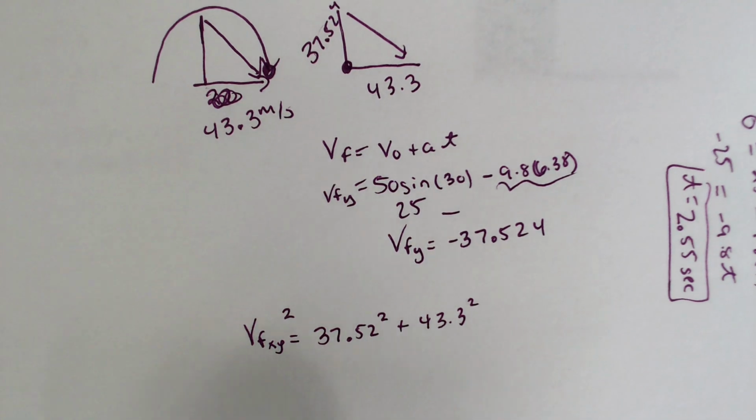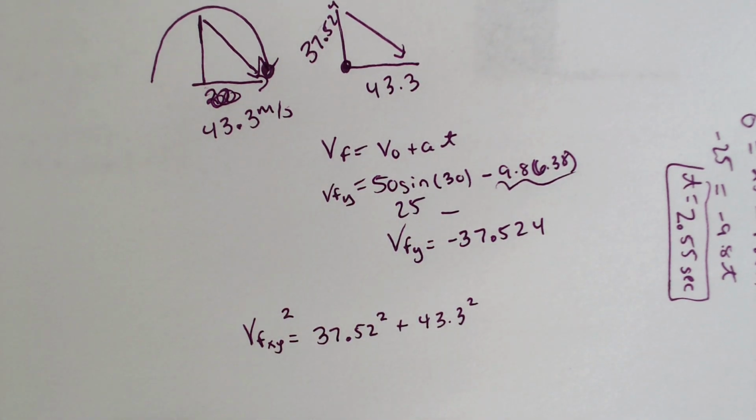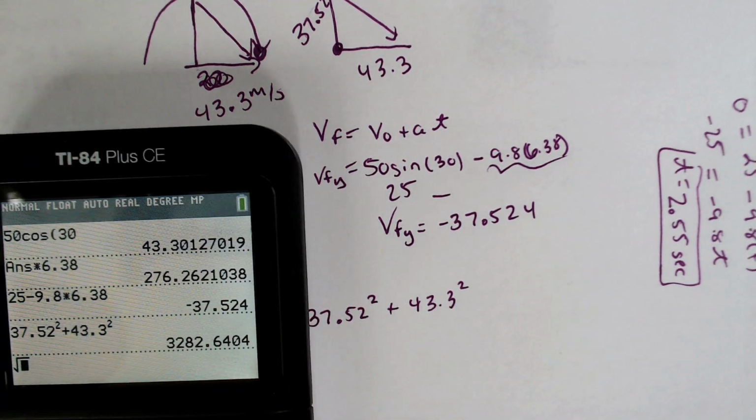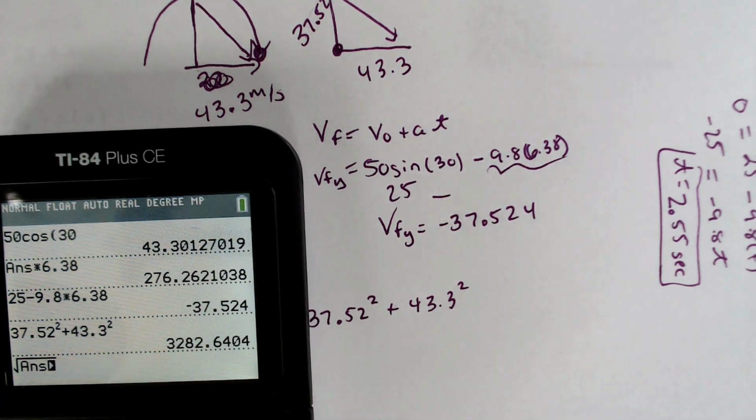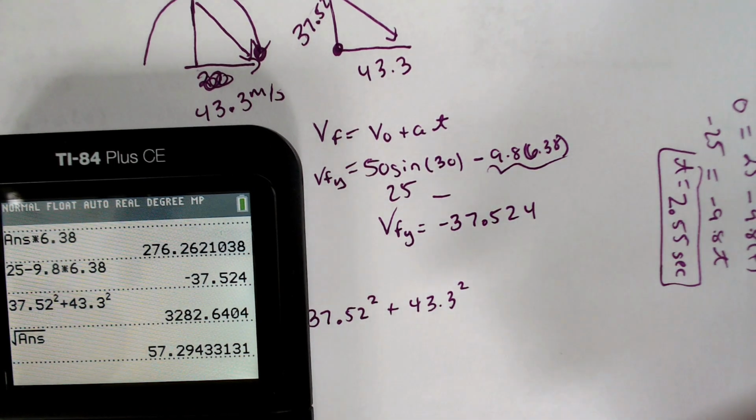And we do the Pythagorean theorem. 37.52 squared plus 43.3 squared equals a big number, and you square root that big number. You square root the 3282, and you get 57.28.